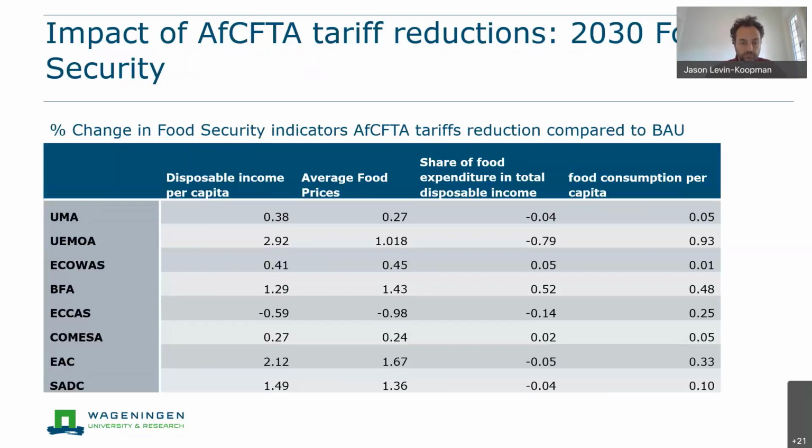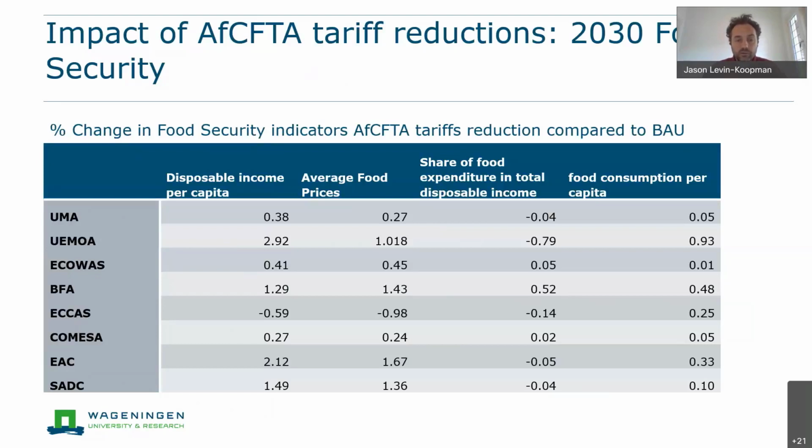For most regions, going back to the left, disposable income increases, and food prices also increase. And so it's a bit of a wash which one increases more. So the share of food expenditure in total disposable income can go up or down depending on which is rising more.